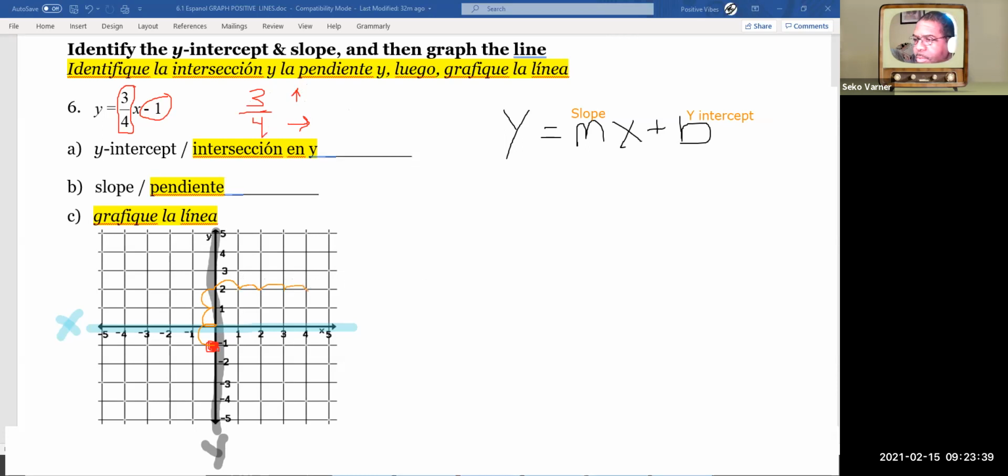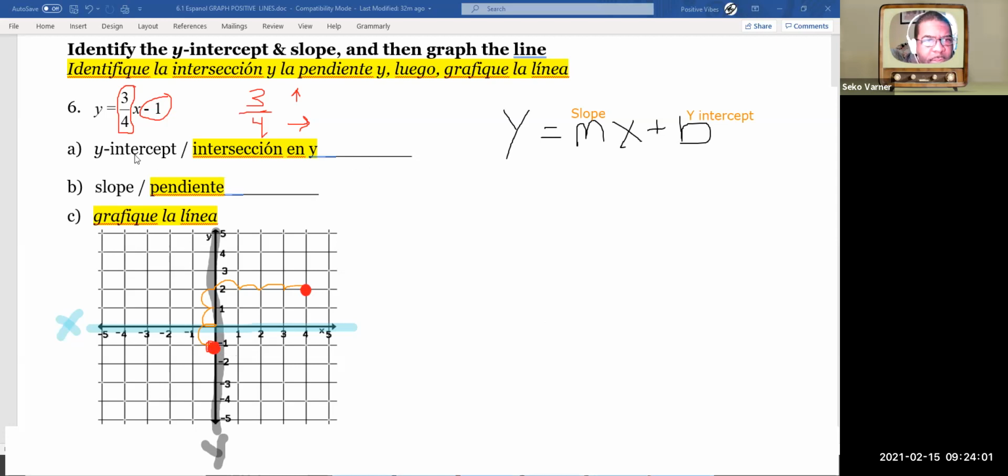So my other point is going to be right there. That's my other point, not line, but other point. So I have a point there, and if you remember, we have a point right here.